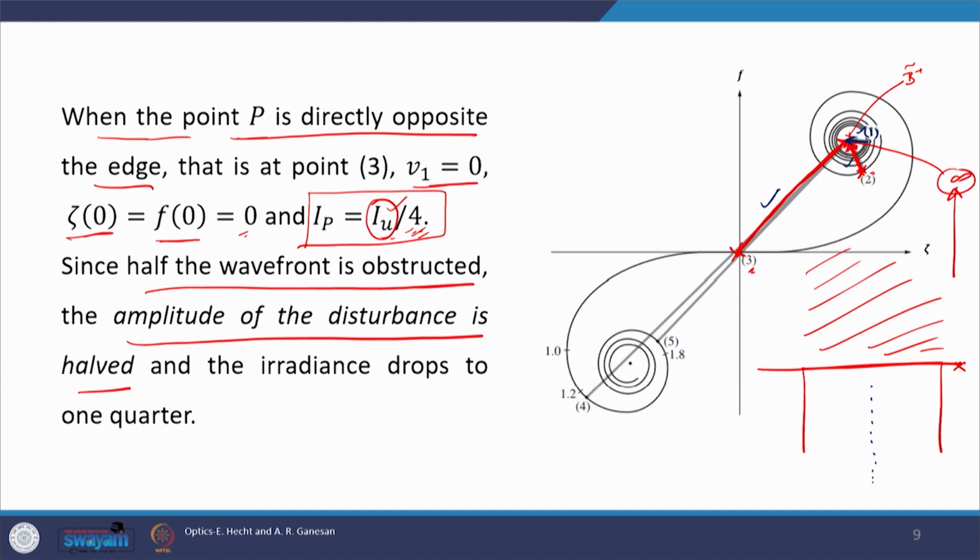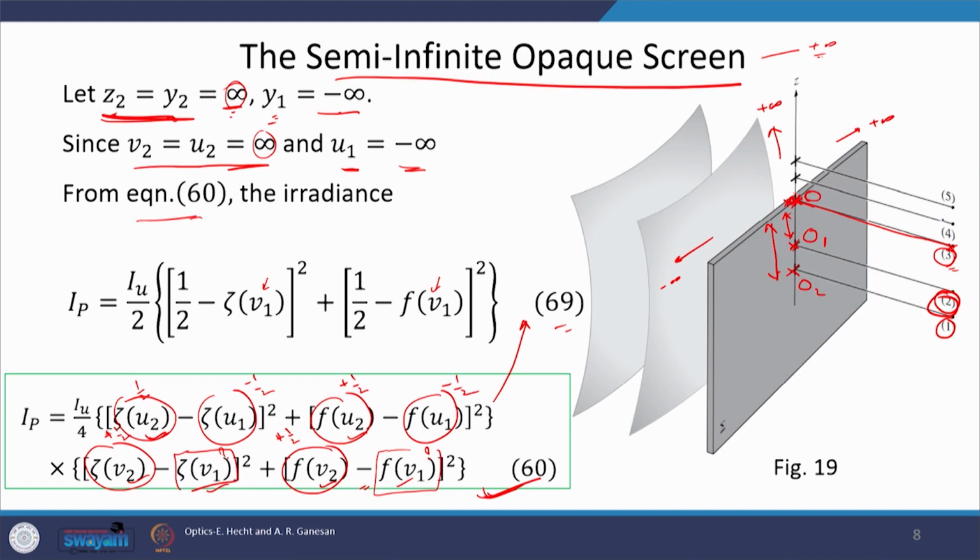Now, what would be the situation if we move upward? Say we are observing now the pattern from point 4 as shown here in this figure. For point 4, the new position of the origin would be here, say it is point O3. For point O3, this edge would be a negative number.